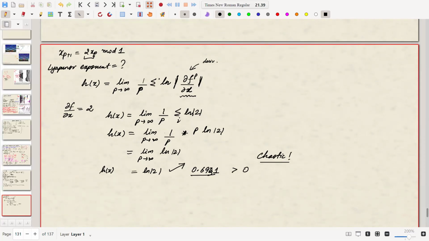Yes, log and mod of derivative. You will not always get a value greater than 0. It depends on the derivative inside. Ln of a positive quantity: if x is greater than 0, does that imply ln x is always greater than 0? Plot ln x and see how ln x looks like.